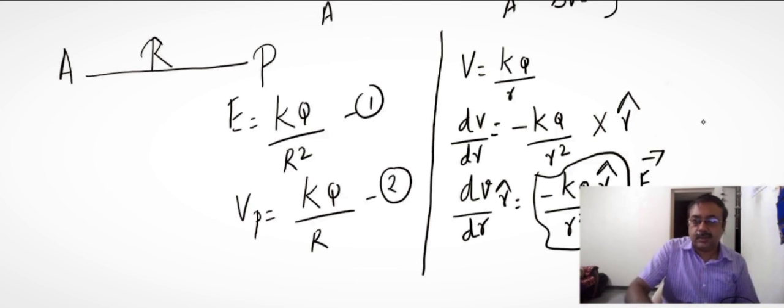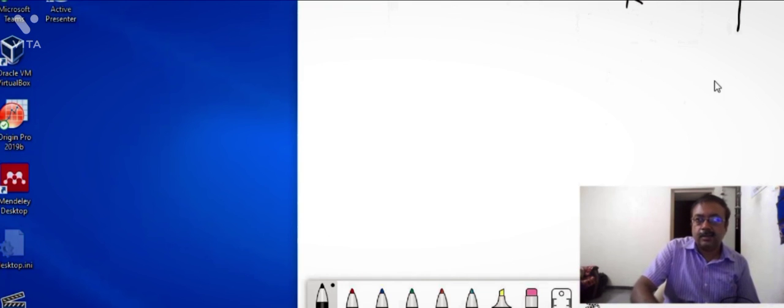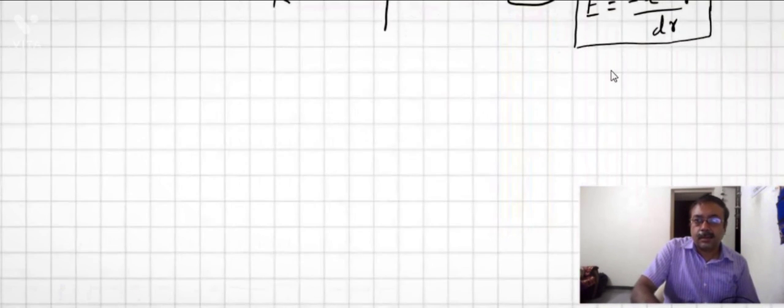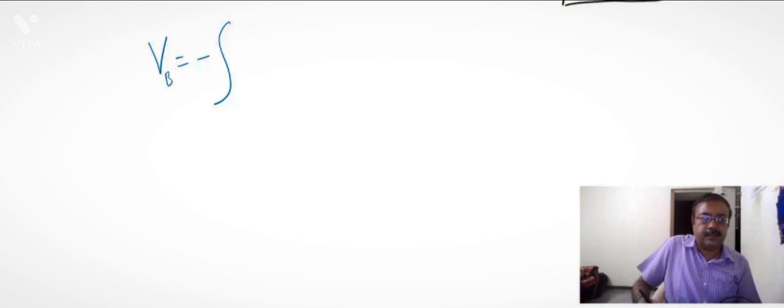So to summarize, we can write the relationship between them. We can use different color codes. Let's use blue. Blue looks very pleasing. So we can say that the electric potential difference between any 2 points is the integral of the electric field.